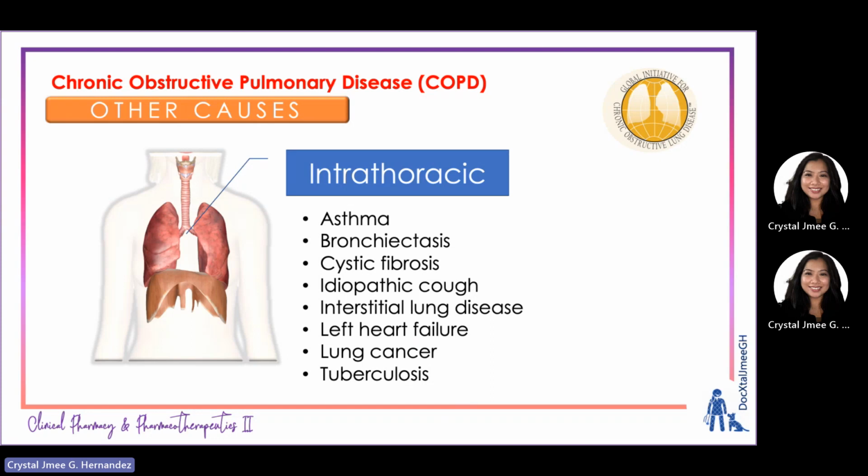That's very particular because we know that left heart failure would affect the lungs or the pulmonary system. Then lung cancer, and of course, tuberculosis. Just like here in the Philippines, we also have to consider the epidemiology of these diseases.